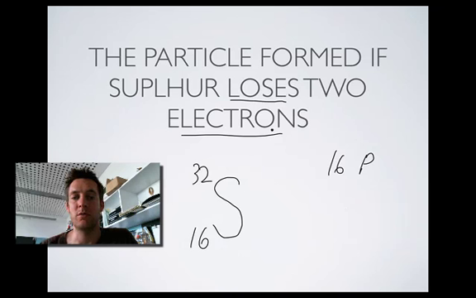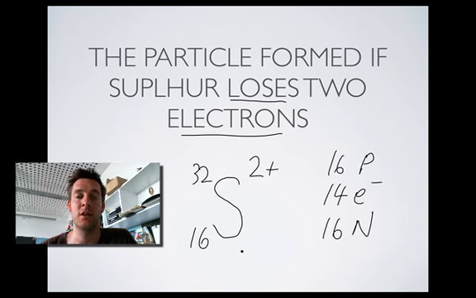This atom we've been told is going to lose 2 electrons to form this particle, so instead of having 16 it's going to have 14 electrons, and remember this number minus that number is the number of neutrons, so there's 16 neutrons. Let's just finish off the symbol for this particle, right? It's lost 2 electrons, therefore we know it's got a positive charge because it lost, and a 2 plus charge because it lost 2. Okay, that's just about it about atomic symbols.